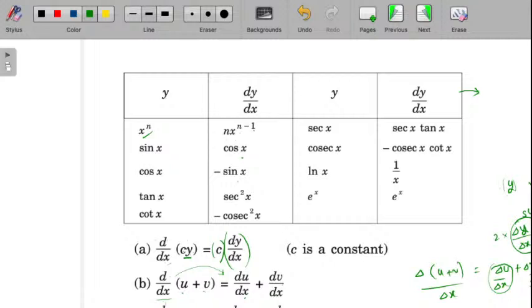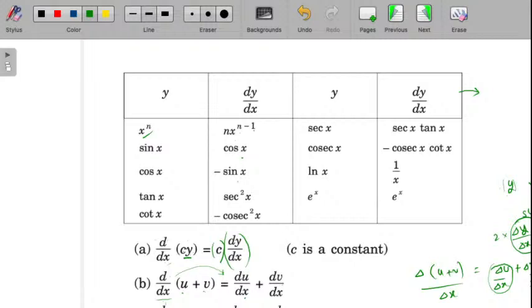Similarly, for the product rule, d by dx of uv. Note here, d by dx of uv is not like this, because del of uv divided by delta x cannot be written as del u by del x into del v by del x. These two are dimensionally different. We cannot have any comparison between these two.